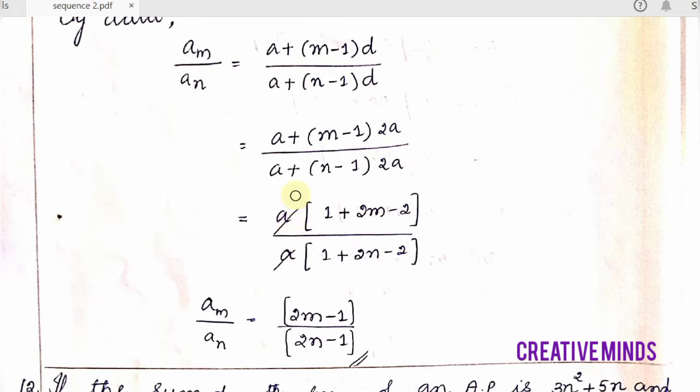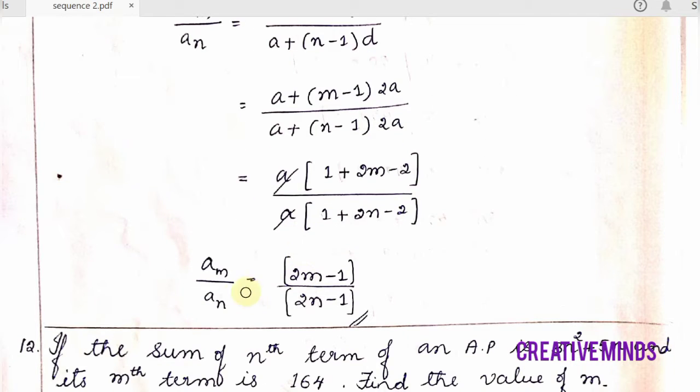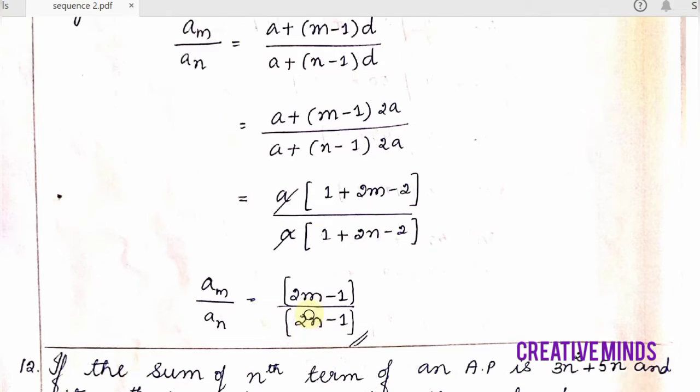That is equal to, a is common here, 1 plus 2m minus 2, divided by, a also common here, 1 plus 2n minus 2. Then a cancels, then a_m by a_n is equal to 2m minus 1 divided by 2n minus 1.